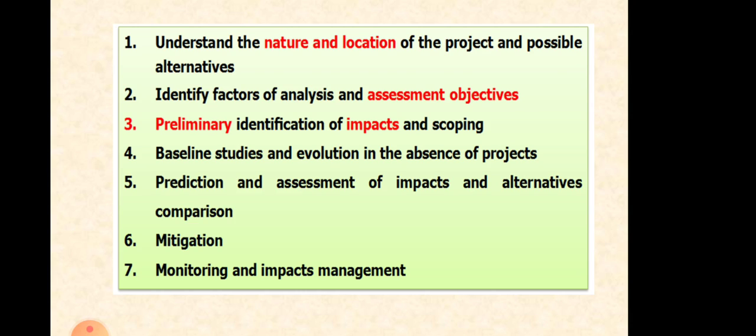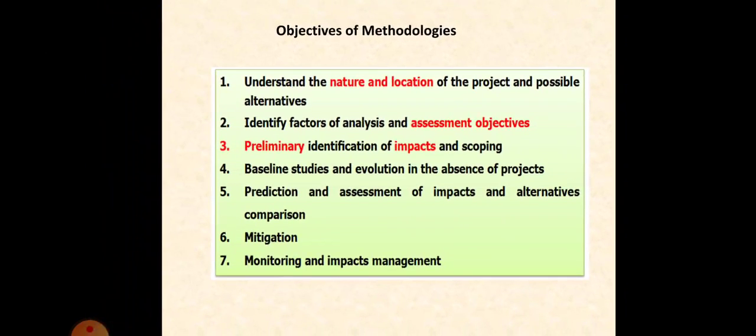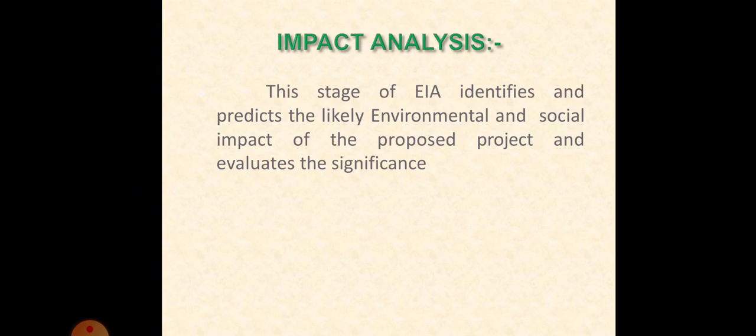Then the preliminary identification of the impacts and the scoping, and prediction and assessment of the impacts and alternatives, that is comparison of the alternatives. Then it also depends on the mitigation, the monitoring of the impacts, and also the management of the impacts. So these are the main objectives of EIA methodology.